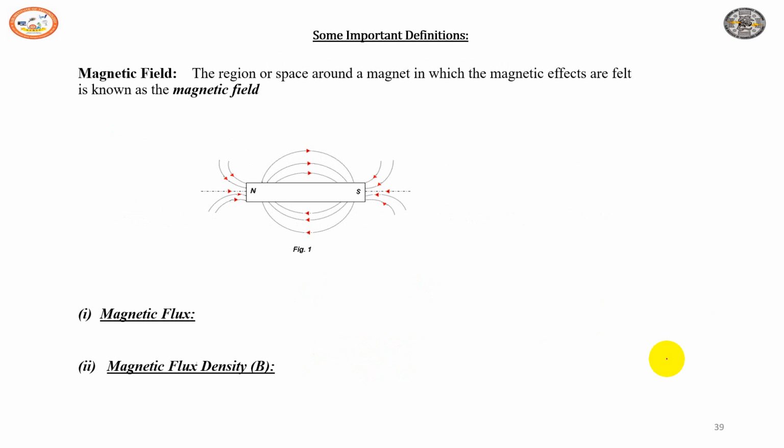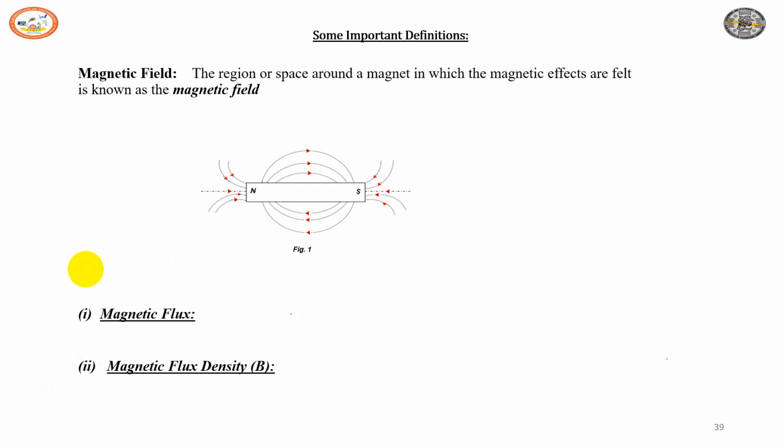Some important definitions we need to study, first the magnetic field. For any two poles, like the north pole and south pole here, the region or space around the magnet in which the magnetic effects are felt is known as the magnetic field. The field drawn here goes from north to south pole, and these are called magnetic lines.